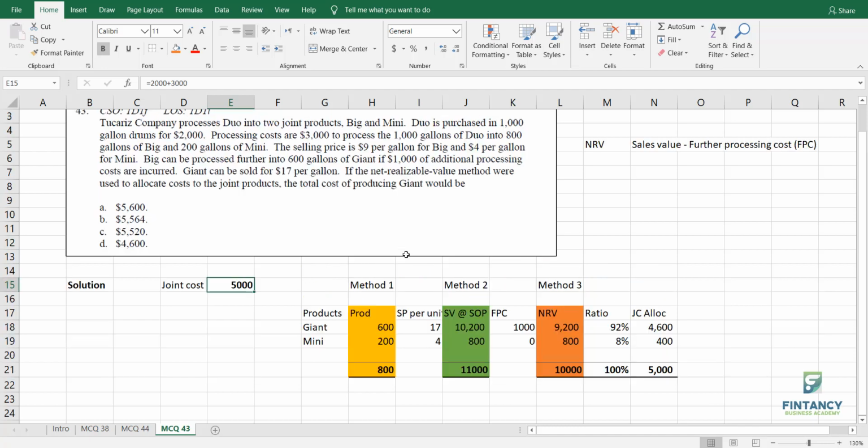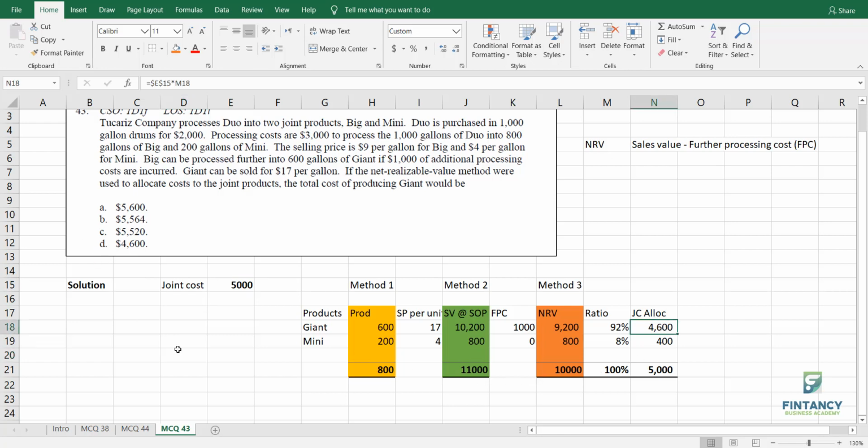Now see, again read the requirement. They say if the NRV method were used to allocate the cost to the joint product, the total cost of producing joint would be total cost. So please write in the chat box, what do you think is the answer? Is it 4,600?